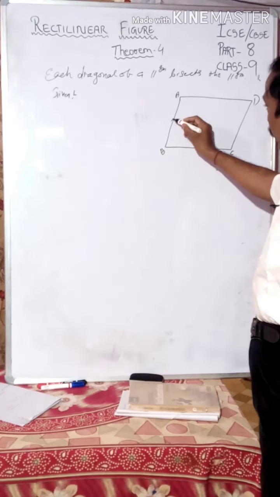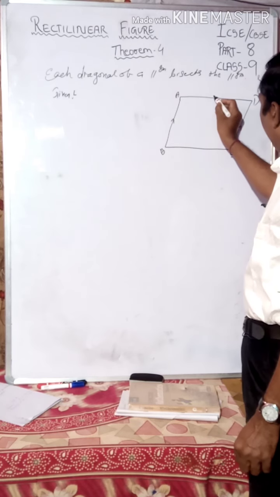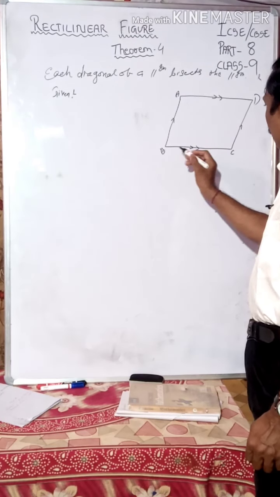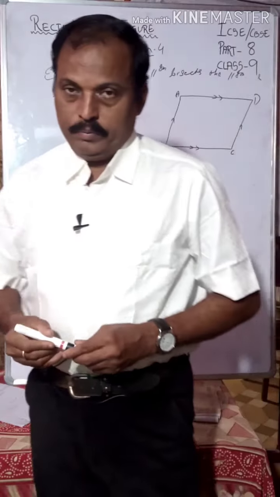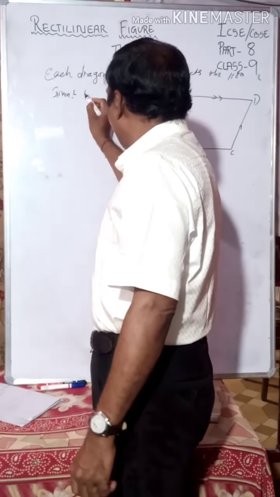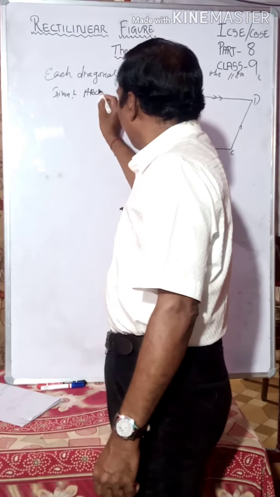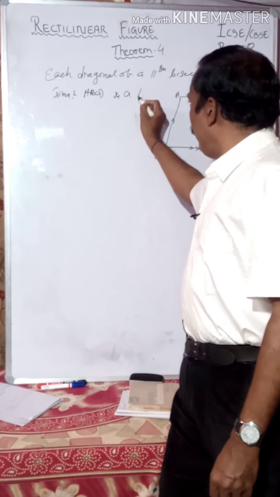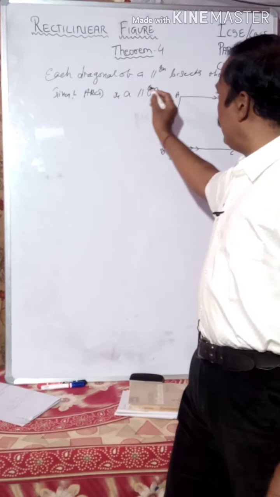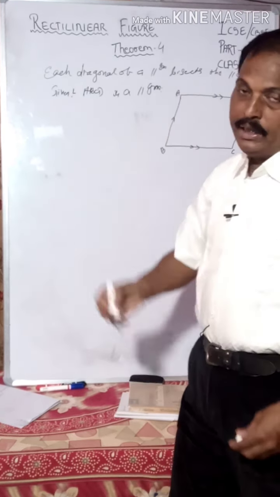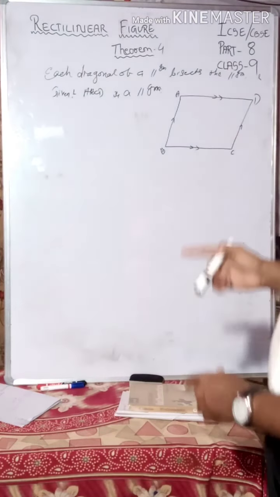So this is parallel to this, AD parallel to BC. Clear cut. ABCD is a parallelogram. This much is given.